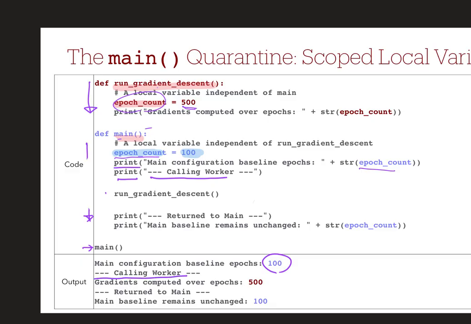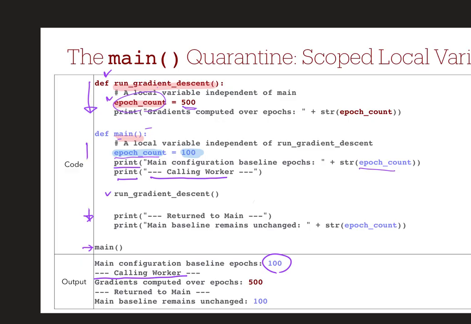And then you call run gradient descent. At that point, the Python interpreter will go inside of that function to define the epoch count variable for this run gradient descent function. And as I said, this variable is totally independent from epoch count in the main function.